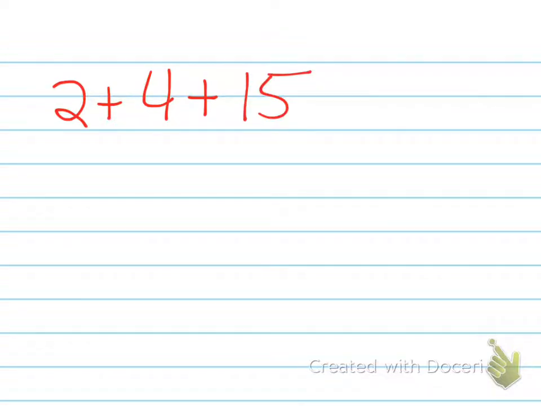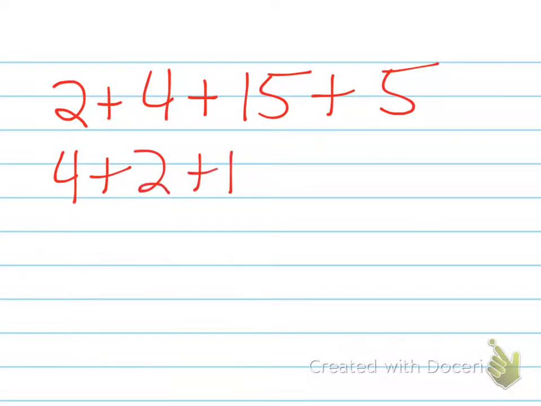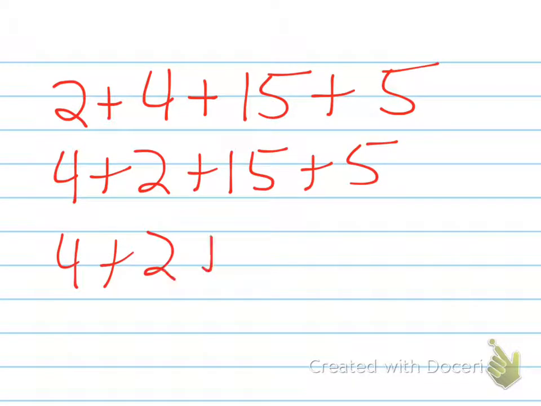So, in other words, like this. If I were to take 2 plus 4 plus 15 plus 5, I would look at this and know that I can rearrange this. I can actually write it 4 plus 2 plus 15 plus 5, or I could write it 4 plus 2 plus 5 plus 15. The idea is that I can do it in any order I want to. It's all addition, so it doesn't matter which order I put it in.